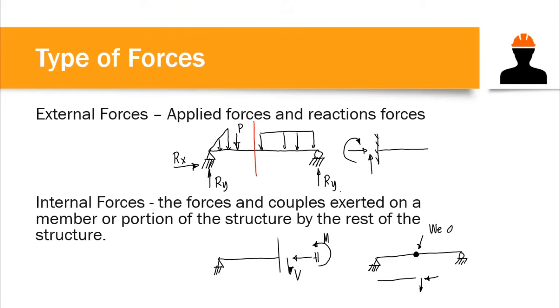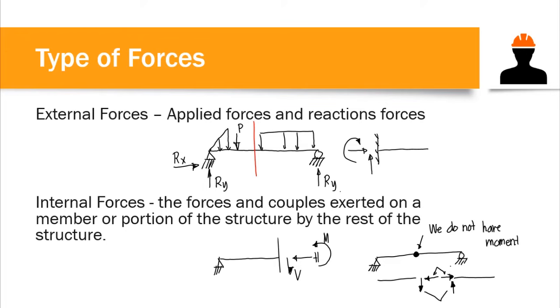On the other side, we would have an equal force in magnitude but opposite in direction. Since on the left member we have a downward force, on the right member we would have an upward force and a rightward force. So these are equal in magnitude but opposite in direction. These are internal hinges.